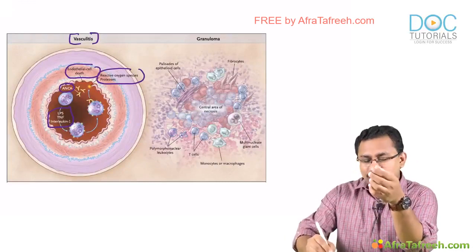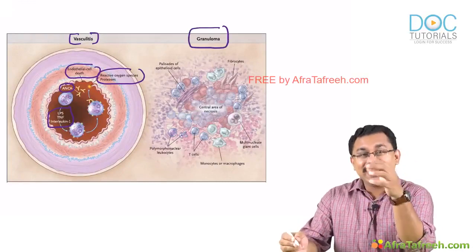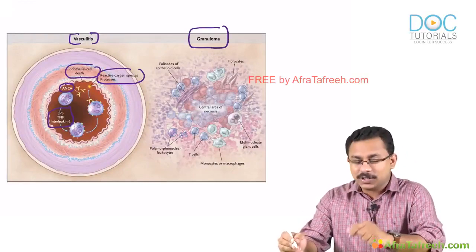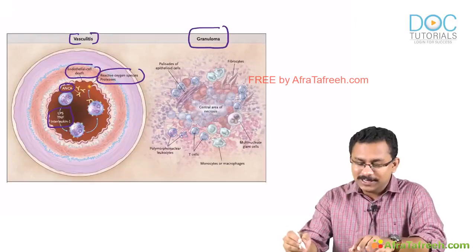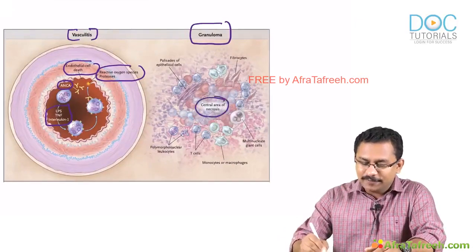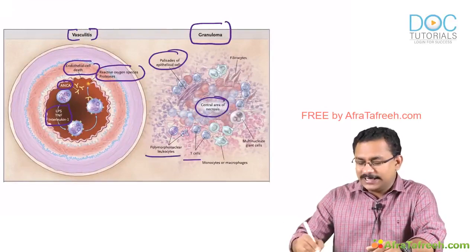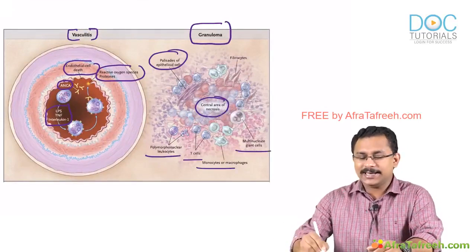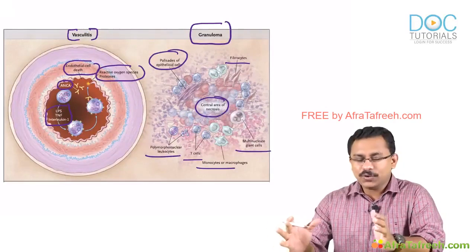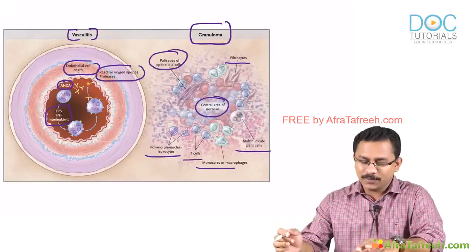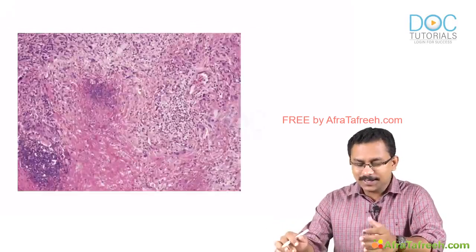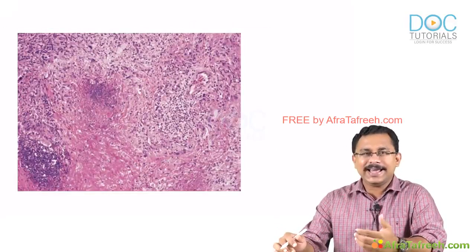And along with this vasculitis, you can also have granuloma formation. Okay, this is also very important. Granuloma formation, in which you have a central area of necrosis, and along with that you have the epithelioid cells, neutrophils, T cells, monocytes, giant cells, fibrocytes. Okay, so you will also have the granuloma formation. This is a biopsy from a patient with Wegener's granulomatosis.